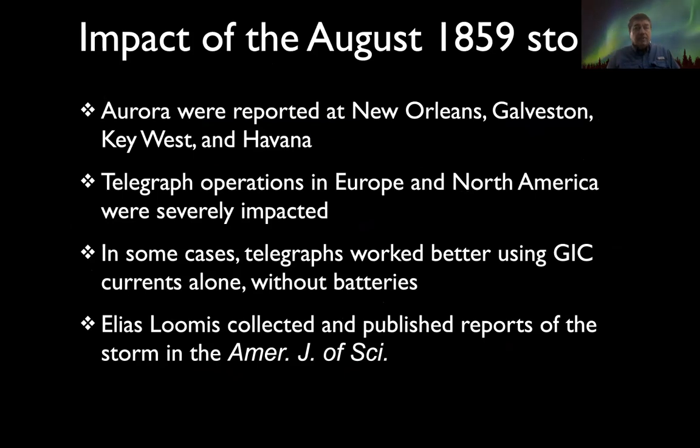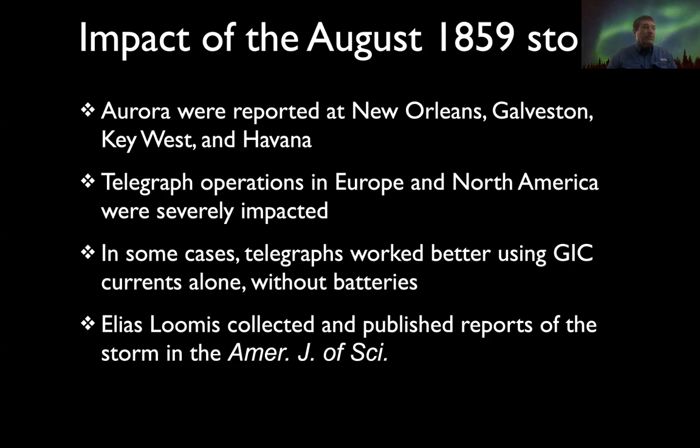And the telegraph was a big conductor, right? Long strands of wire that could carry the electricity being generated in the ground by the induced currents from the auroral current flow. The telegraph was basically knocked out for the better part of a week. And that was the internet of the day, and it was really severely impacted.